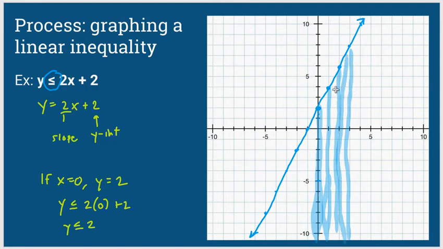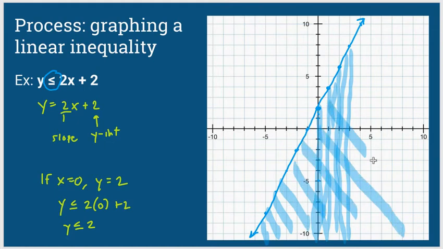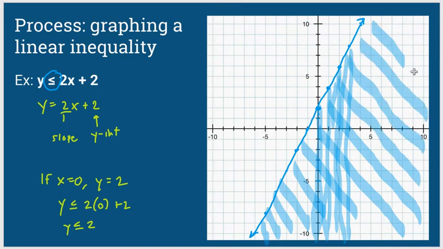And so what we can see is that what we end up doing is kind of shading in one whole section or one whole side of the graph, in this case underneath the line. And I'm just doing this kind of using stripes, but really what I should be showing is that this is entirely shaded in.